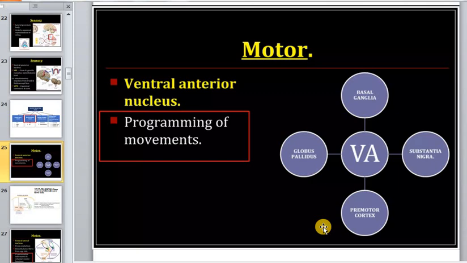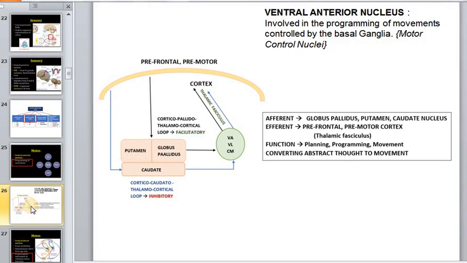The anterior part of the nucleus projects to the premotor and supplemental motor areas of the cerebral cortex, and here we see the ventral anterior nucleus involved in the programming of movements controlled by the basal ganglia of the brain. Exactly, we will discuss the basal ganglia in the next practical.